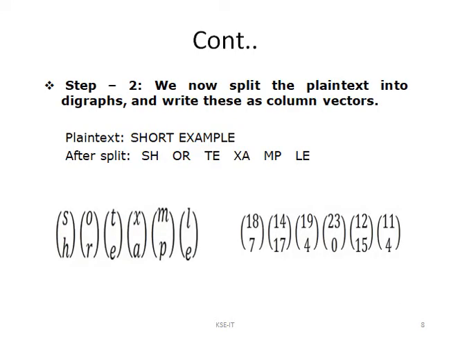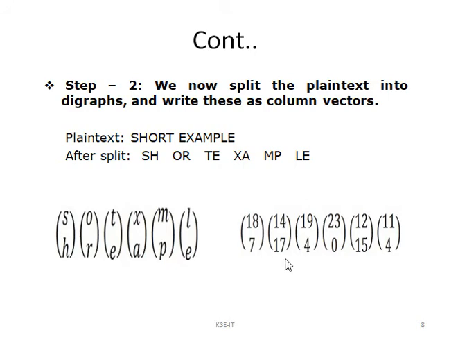Second step is to split the plain text into digraphs and then write these as column vectors. Here the plain text is short example. After the split, you will get the pairs SH, OR, TE, XA, MP, LE. Write these pairs as column vectors like this: SH, OR, TE, XA, MP, LE.